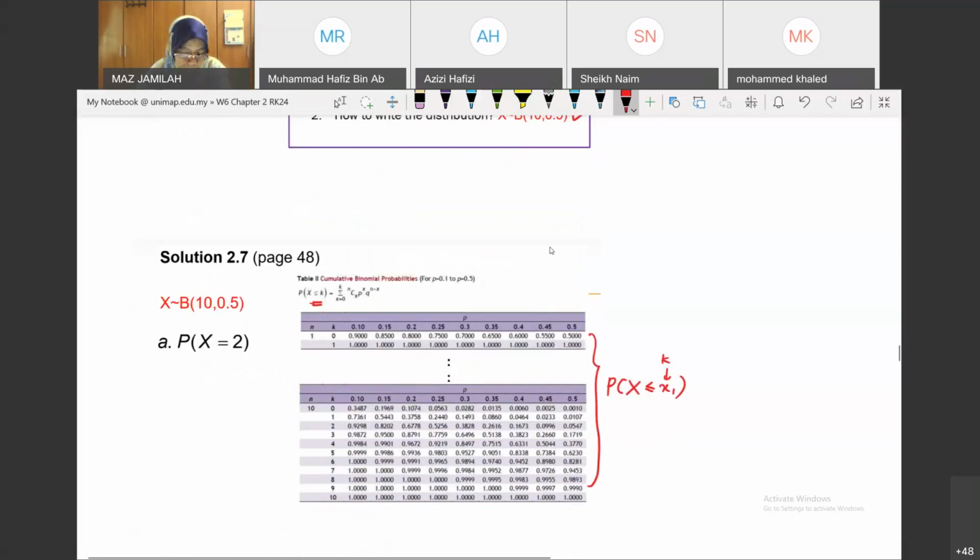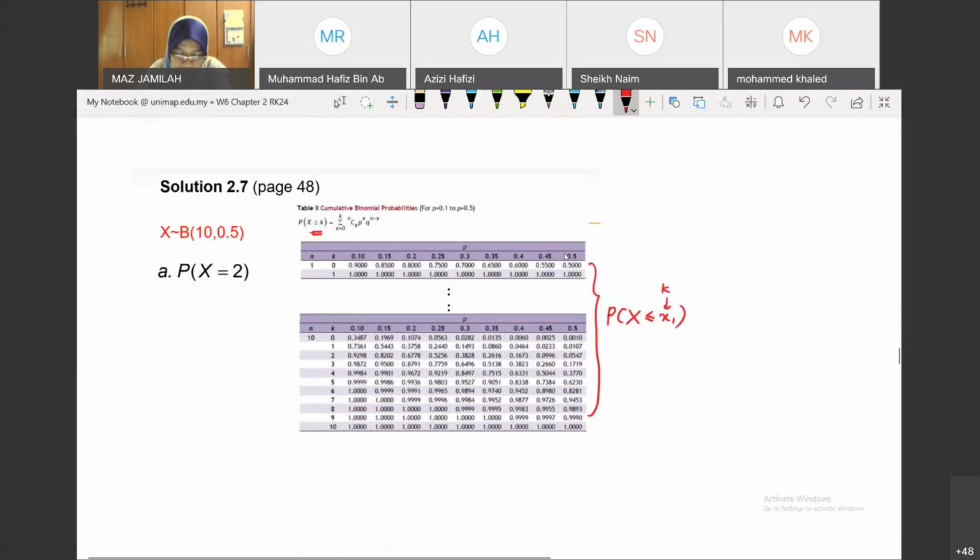Now I want everyone to find the probability using the formula.